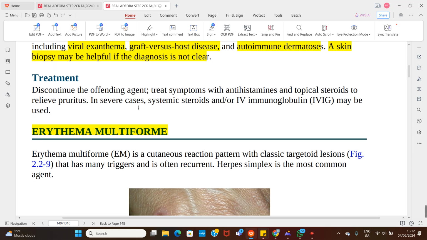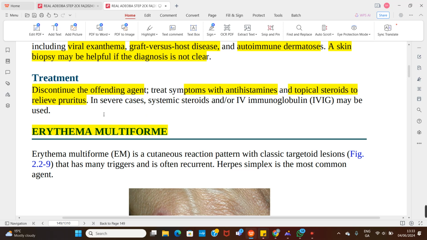So how do you treat? Just like I've said, discontinue the offending agent, right? And you want to do symptomatic treatment. That is it. And what is the basic symptom? You have said it. This individual is going to have pruritus. There is severe pruritus. So give your antihistamine to ameliorate the pruritus, and your topical steroids to relieve the pruritus.